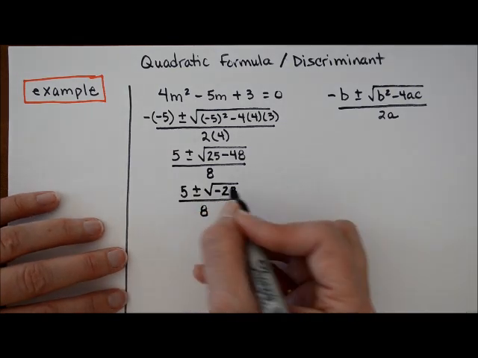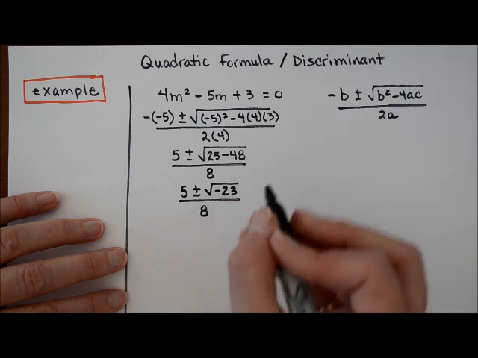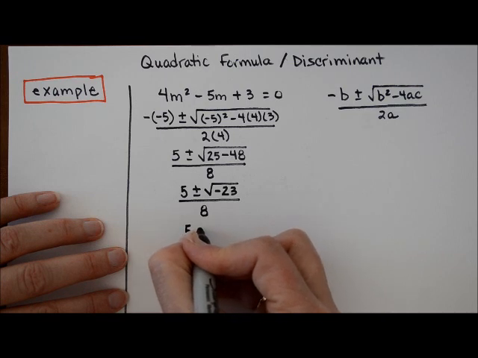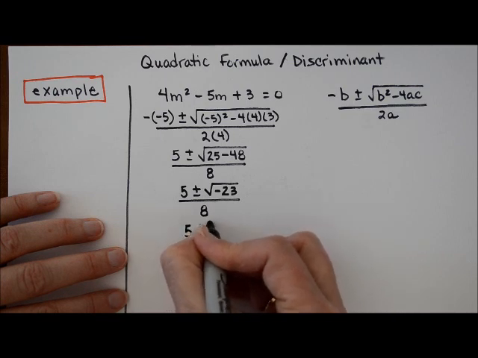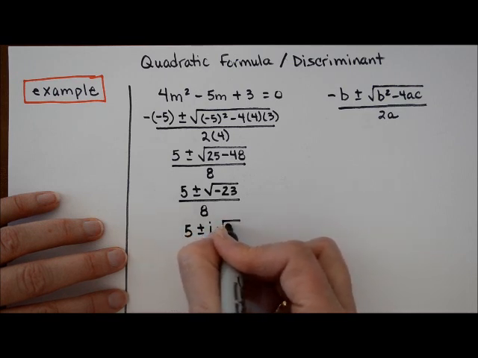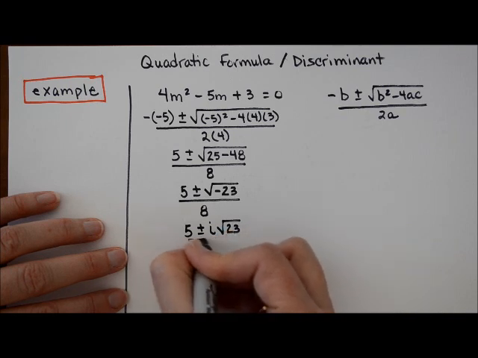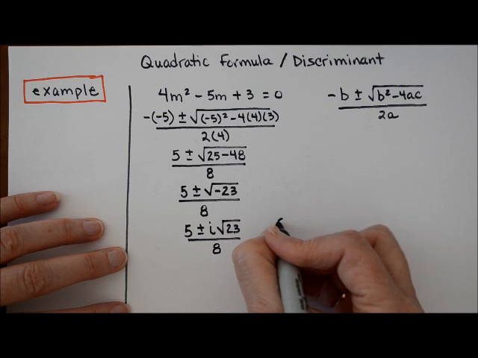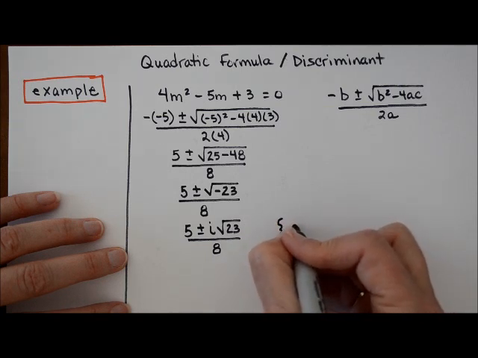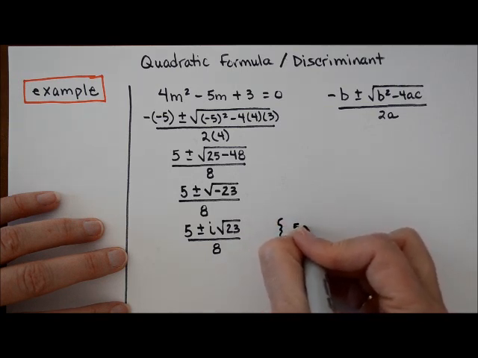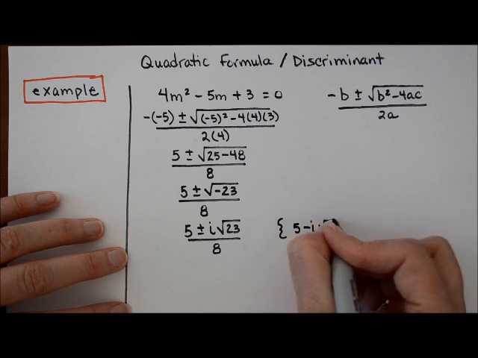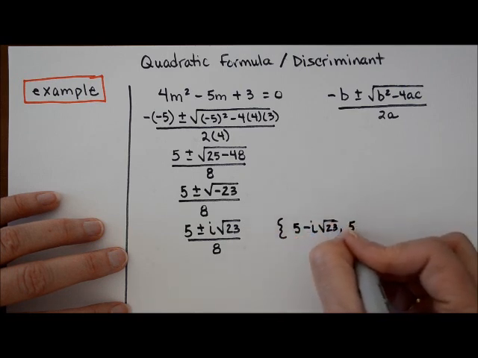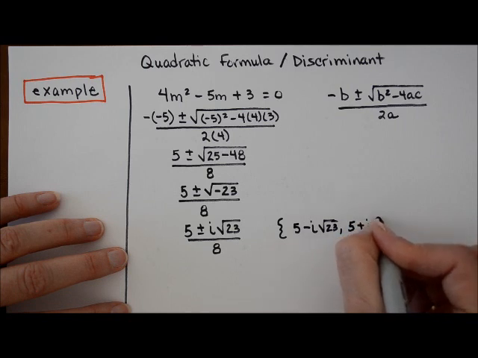I can't have a negative, so I'm going to pull out its i, and I end up with 5 plus or minus i square root 23 all over 8. Or in set brackets, I have 5 minus i square root 23 and 5 plus i square root 23.